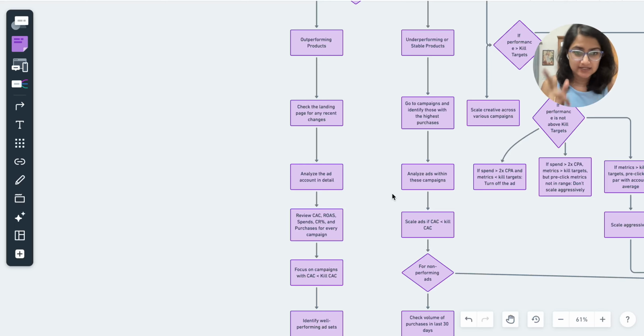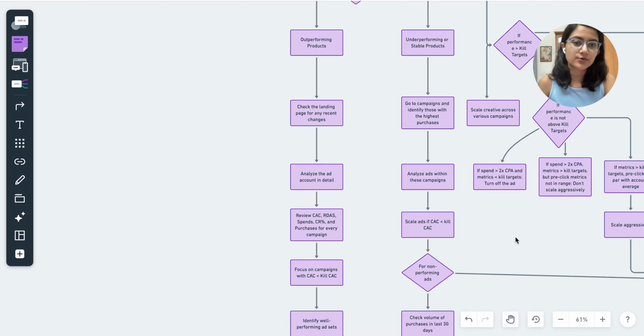Notice whether suddenly yesterday any particular ad has overspent, where the CACs are very high compared to your kill CAC. Also identify the ads with a CAC lower than your kill CAC, which you can scale. For underperforming products, first you need to stop the loss. This needs to be the first step, and any ad with higher CACs needs to be paused immediately.